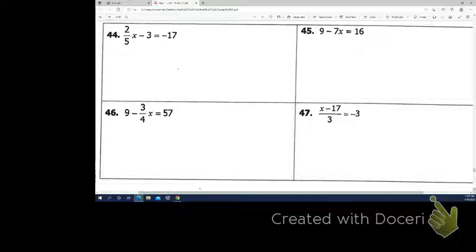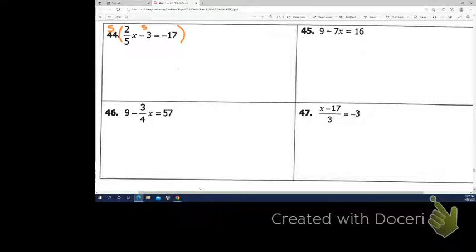Now, if that whole reciprocal idea bugs you, you can also multiply by whatever's in the denominator at the beginning to get rid of the fraction. So, I don't know, some of you might like to do this better. Take a 5, but it's 5 times everything. Kind of like Oprah.